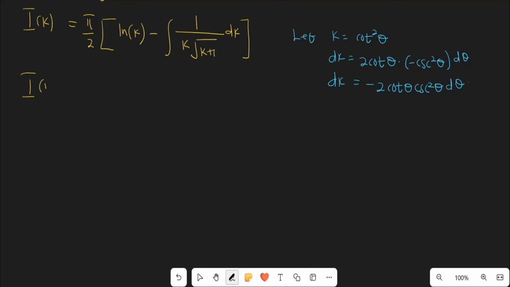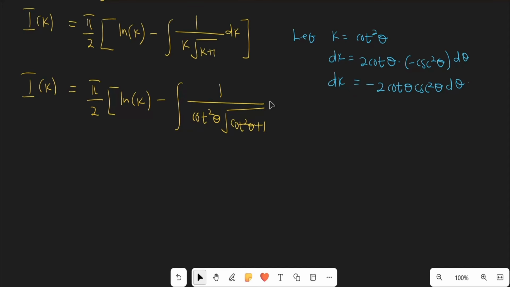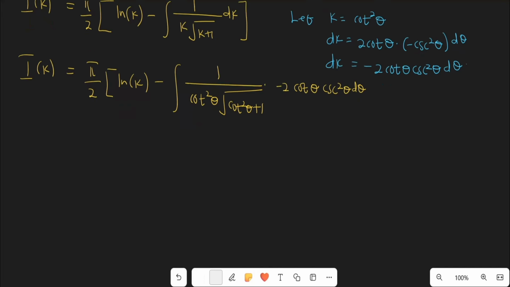So I have I of k, and that is equal to pi over 2 multiplied by the ln of k minus the integral of 1 all over k, which is the cotangent square of theta, times the square root of k, which is the cotangent square of theta plus 1, and this is multiplied by dk, and dk is negative 2 cotangent of theta cosecant square of theta d theta, like this.